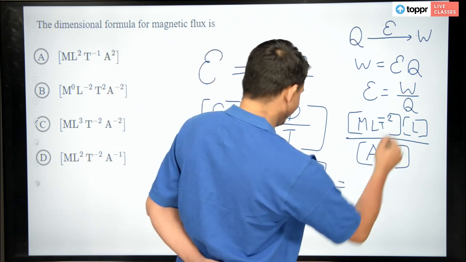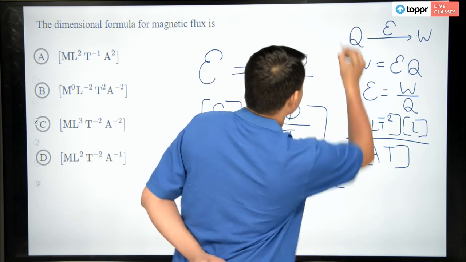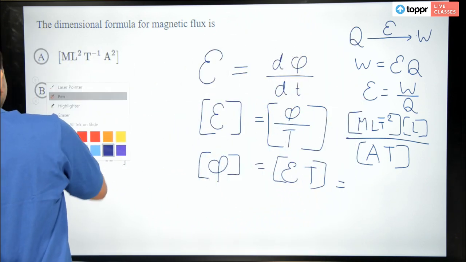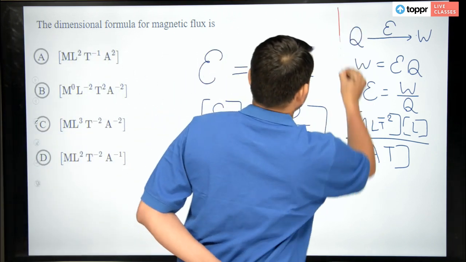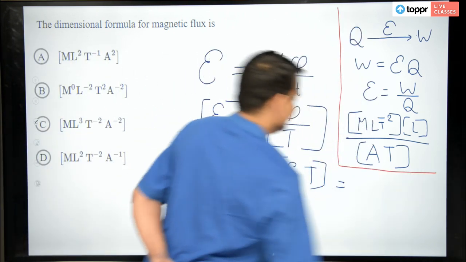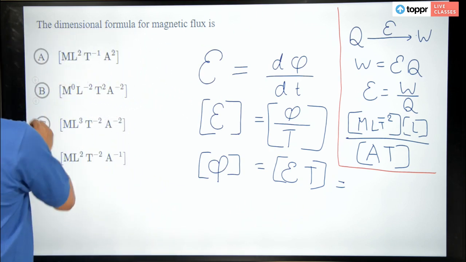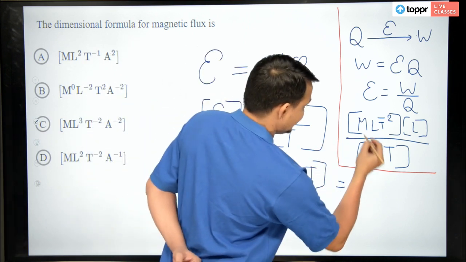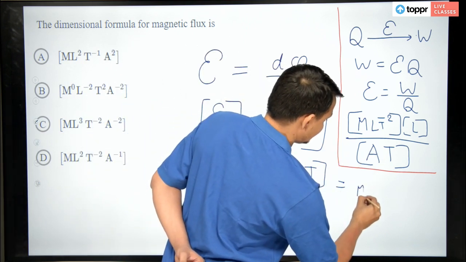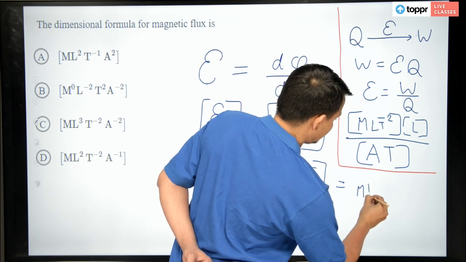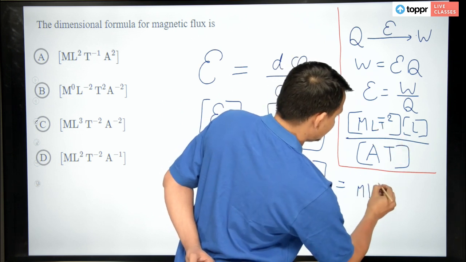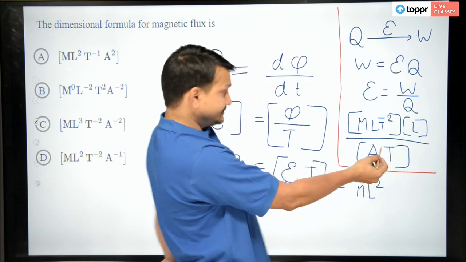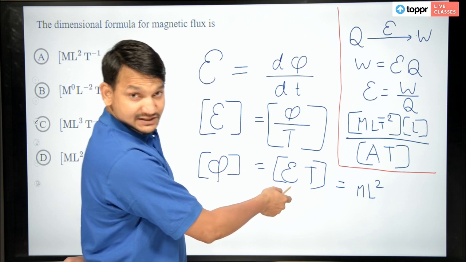So the dimensional formula for magnetic flux would be, let me get a partition here. Yeah. So our magnetic flux would be M L square T inverse cube is what we are getting here, but we have times T here.